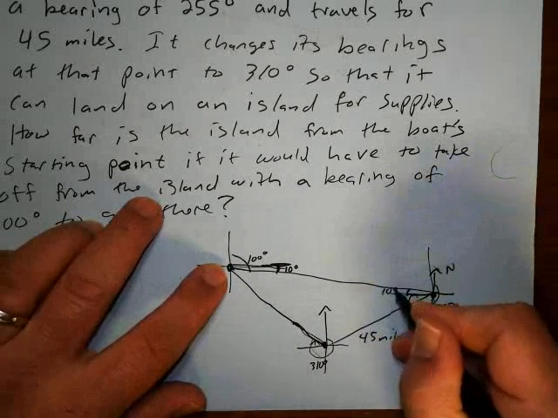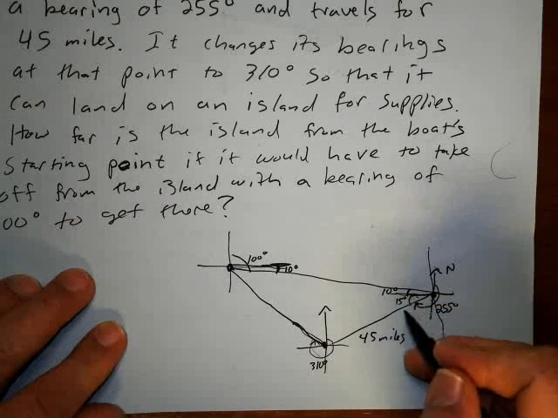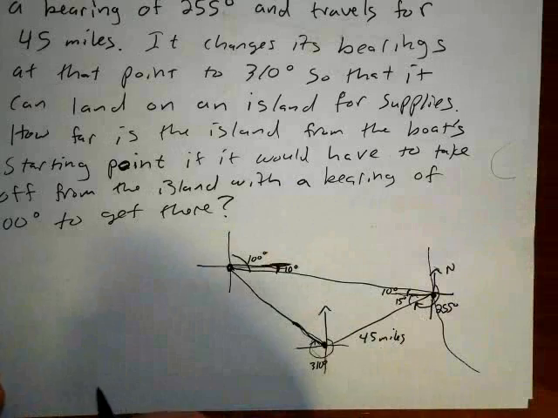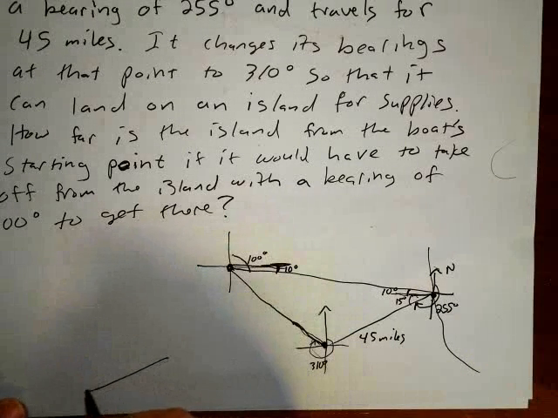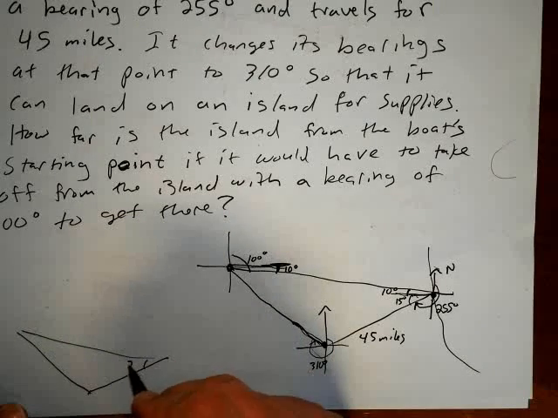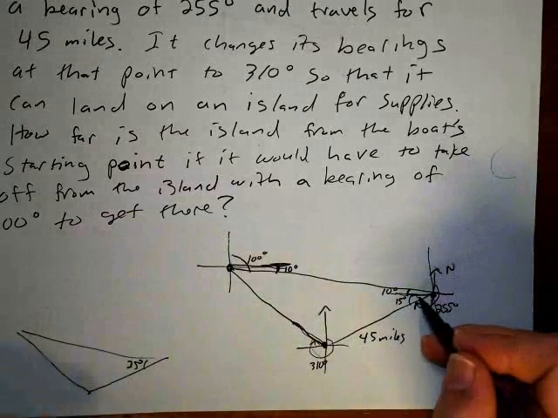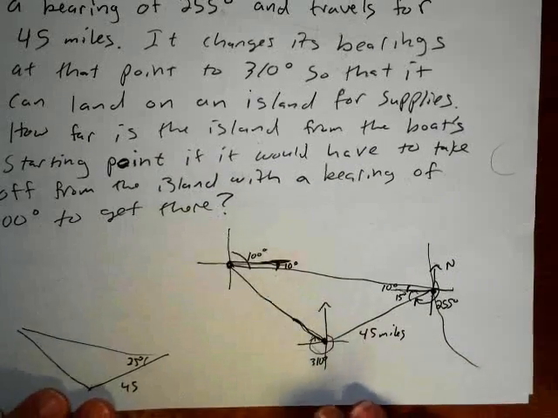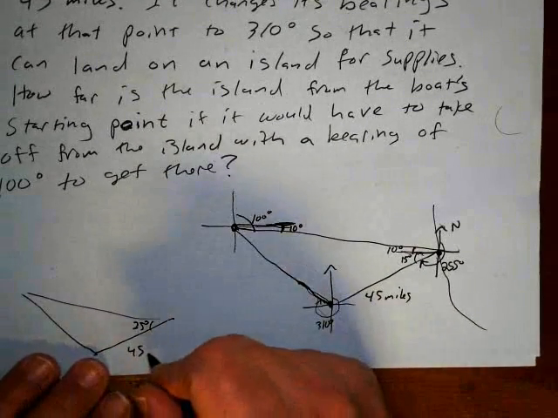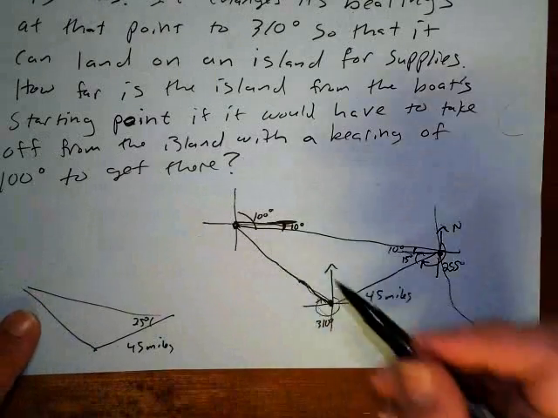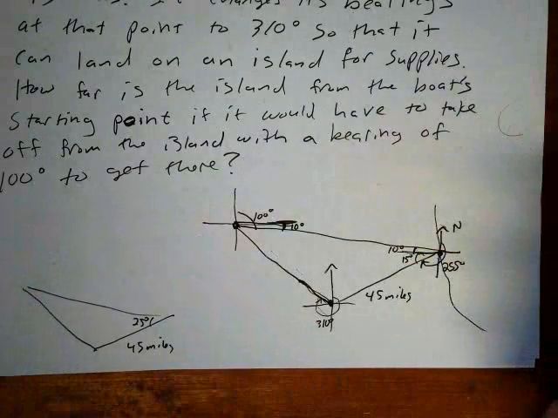Those are alternate interior angles. So I see that this angle of this triangle, and I could maybe draw this triangle again if I wanted to, this angle is like 25 degrees. So I found one angle. This is 45 miles. Okay, can I find another angle? So all I need is one more angle, right?